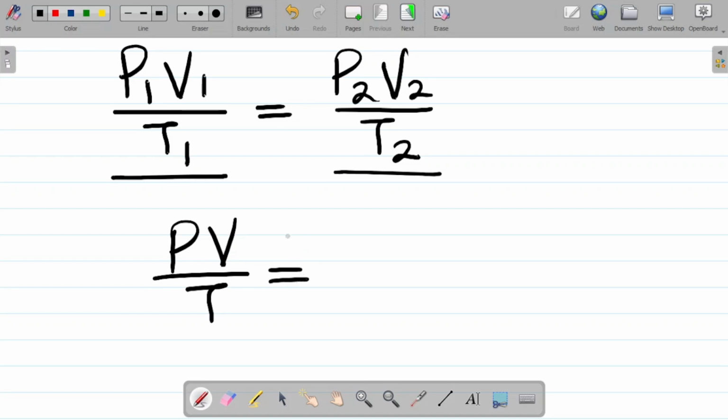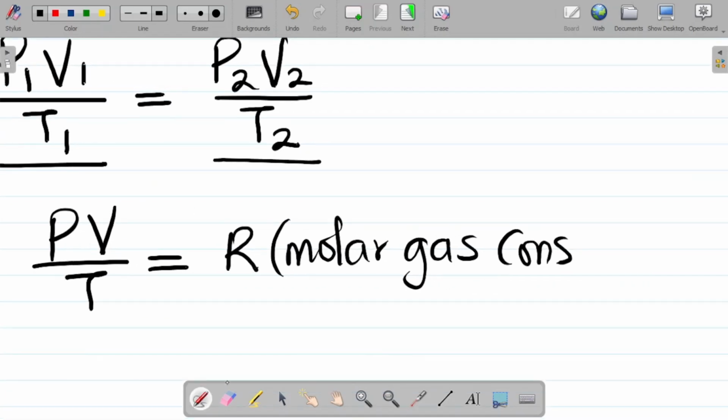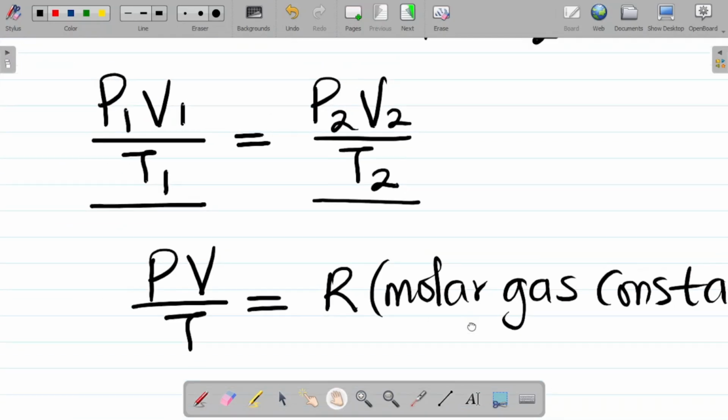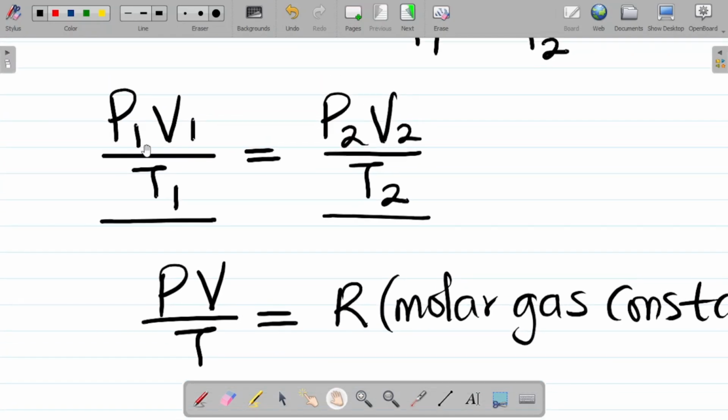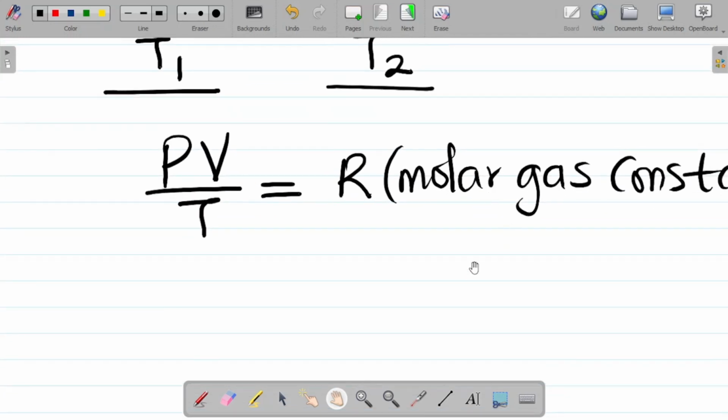In this case, the constant we'll be using here is R, where R is called the molar gas constant. If I have the same thing on both sides of the equation, as you can see, P1 V1 over T1 being equal to P2 V2 over T2, I'll just take out the 1s and 2s and have PV over T equal to a constant, in this case R, my molar gas constant.